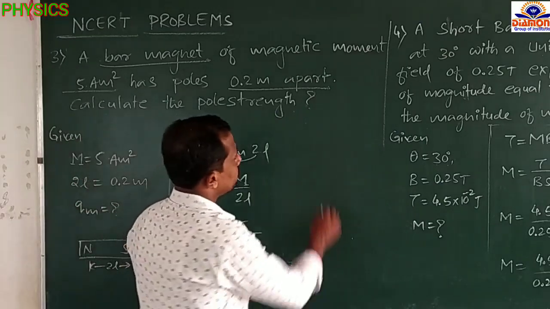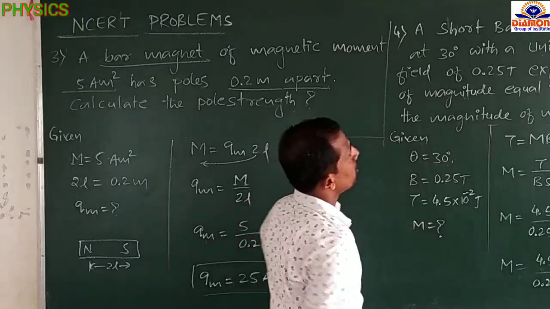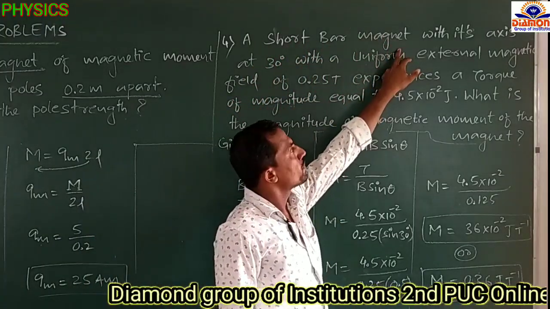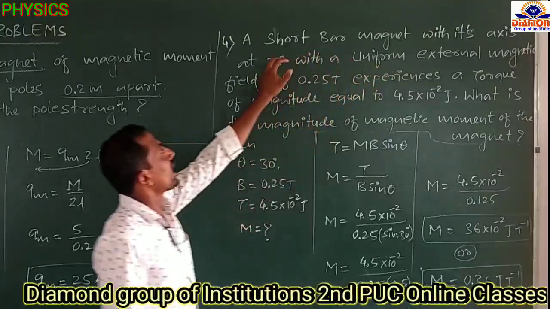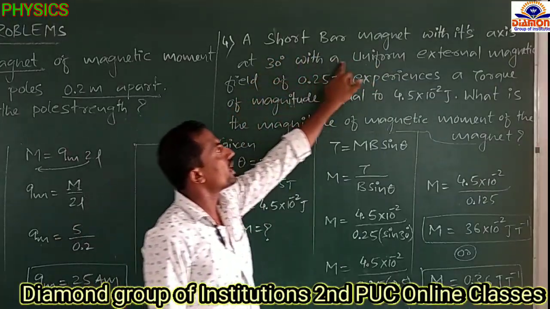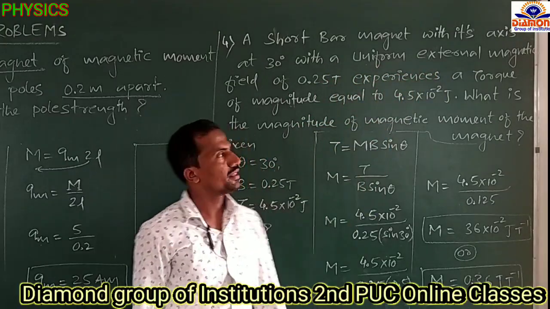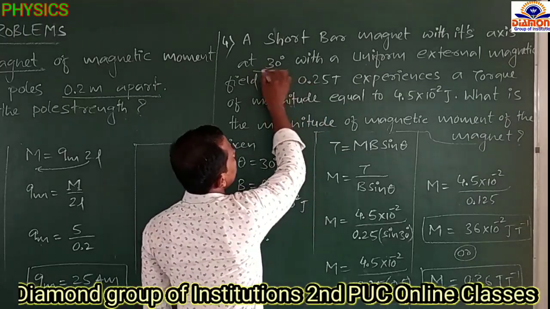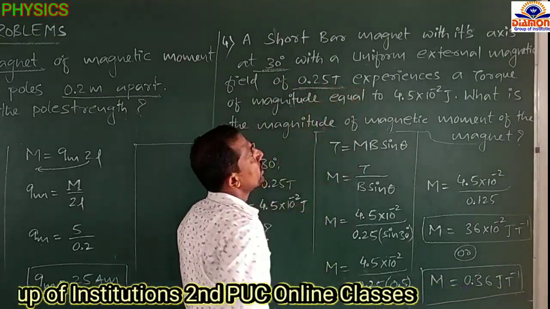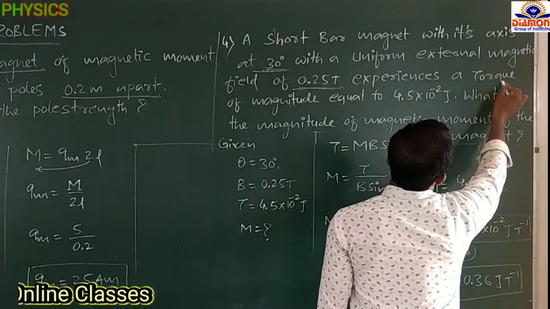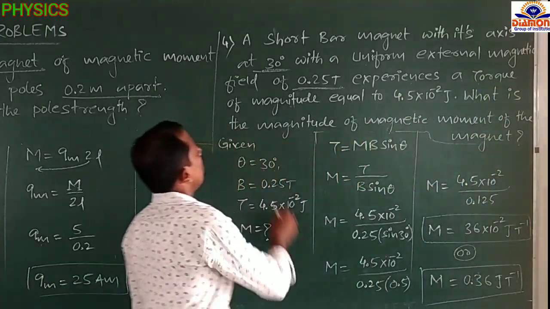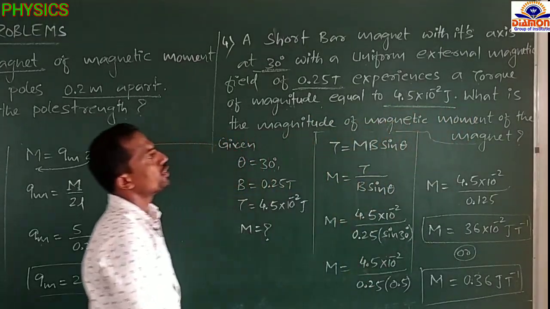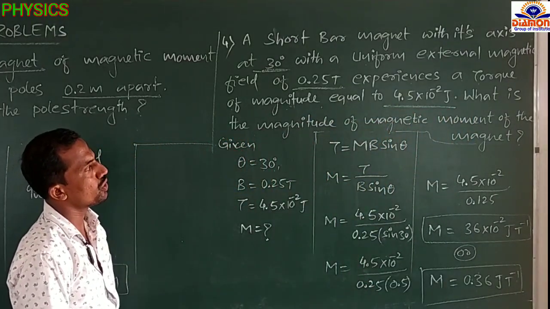The next problem. What is our next problem? A short bar magnet with its axis at 30 degrees to a uniform magnetic field of 0.25 Tesla, 30 degree value is given, and experiences a torque of magnitude 4.5 times 10 to the power of minus 2 joules.